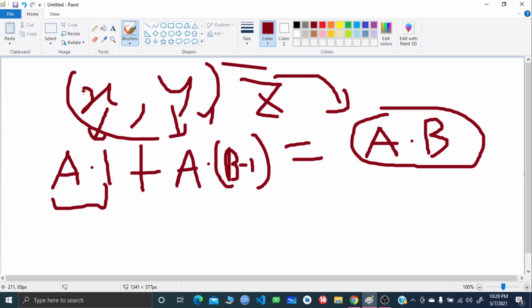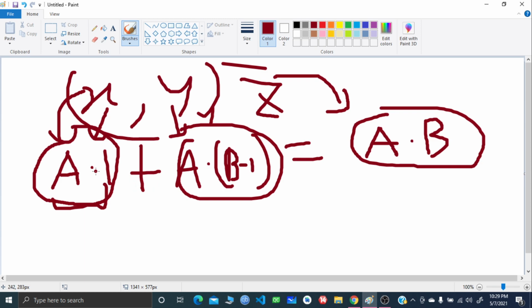How is this helping us? Both of these numbers are divisible by a, and both of these numbers are not divisible by a times b. So that's how we build the values when b is greater than 2.